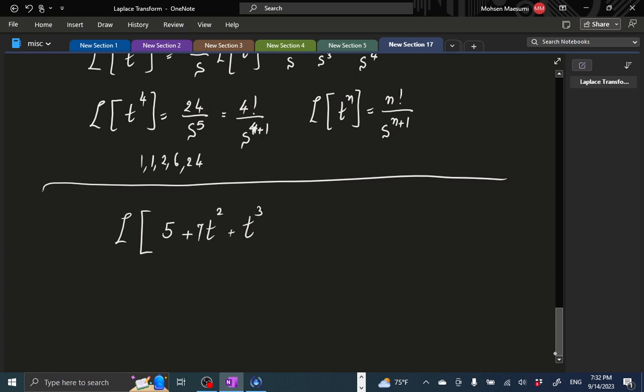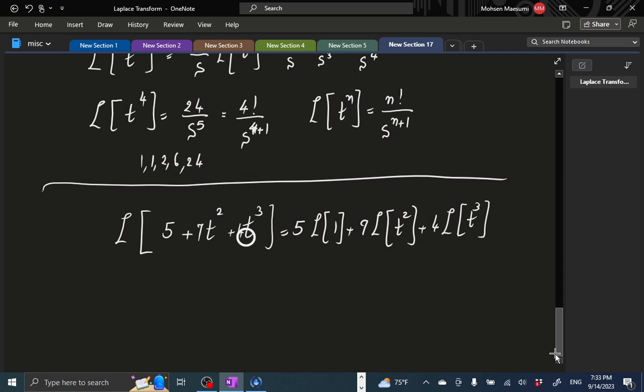Let's put some numbers here also. Laplace transform of 5 plus 7t squared plus 4t cubed is going to be 5 times Laplace transform of 1 plus 7 times Laplace transform of t squared plus 4 times Laplace transform of t cubed. What's the principle we are using here? It's the principle of linearity.